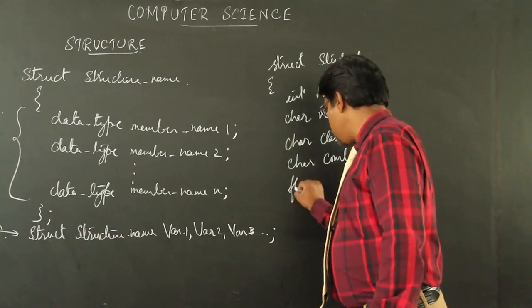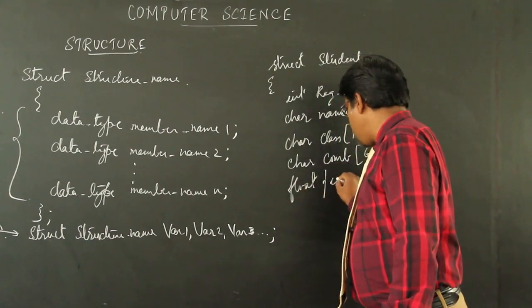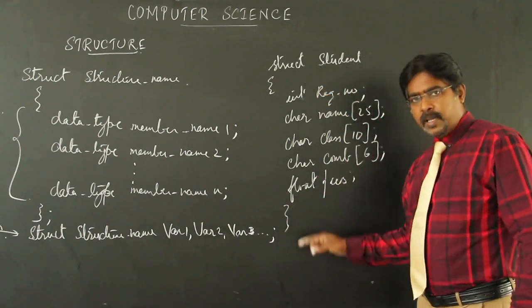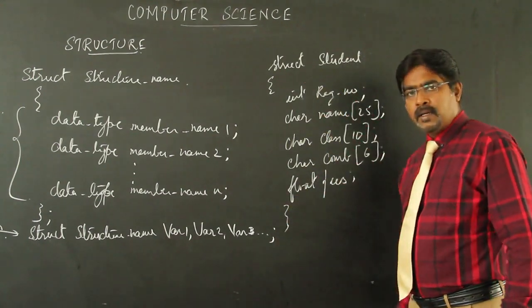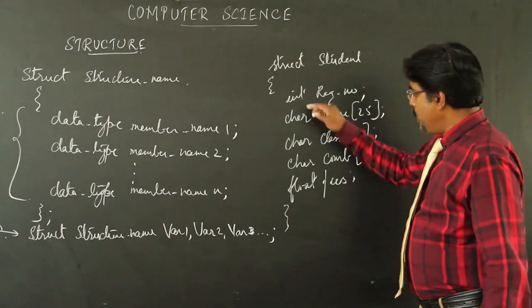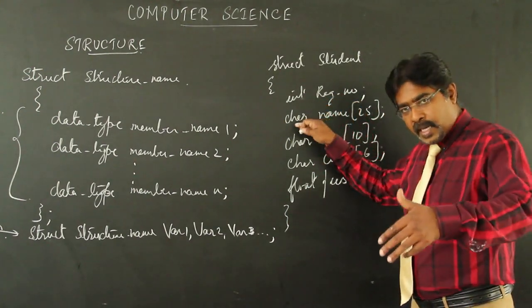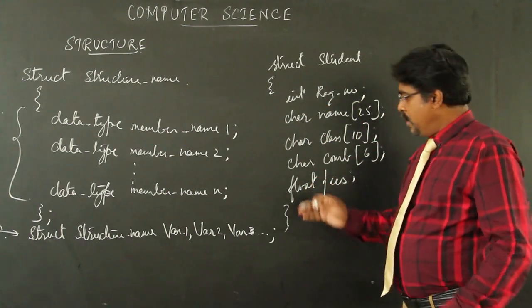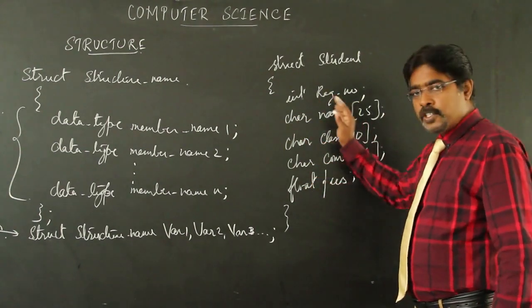Then float fees. If you look at the members here, there are different data types. The different variables are defined here. Int register number, then comes char, then comes float. All different data types. So this will be the definition part.